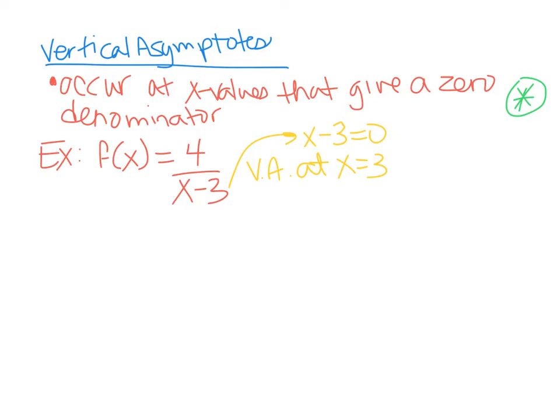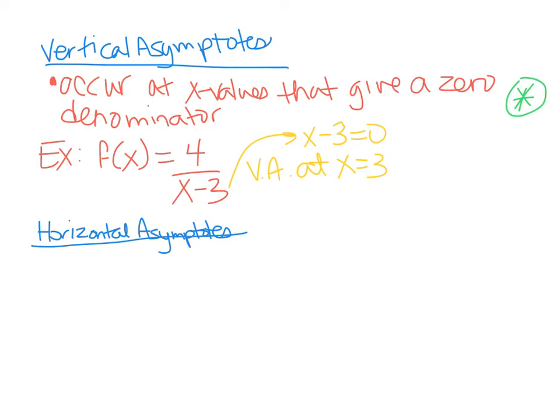So let's talk a little bit about horizontal asymptotes, and I'm going to talk about that exception to the rule. So for horizontal asymptotes, there's a few rules. Unfortunately, you do need to know these rules. There's really no way around it. So hopefully you kind of remember them from last year, but if not, we'll go over them right now.